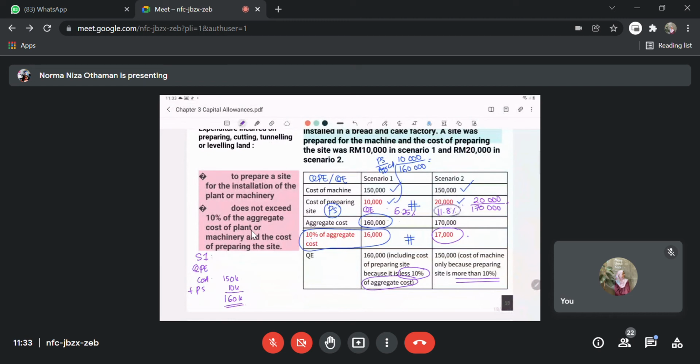So bila dia more than 10% bermaksud dia not qualify, not QPE. Disebabkan bila kita test dia melebihi. Right? So bila kita nak kira QPE untuk senario tu, maksudnya kita akan ambil cost sahaja 150,000, preparing site dia tak qualify. So bermaksud dalam senario 2, the qualifying planned expenditure is 150 only.